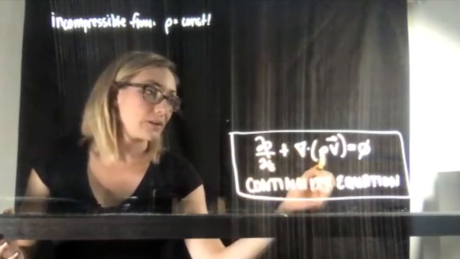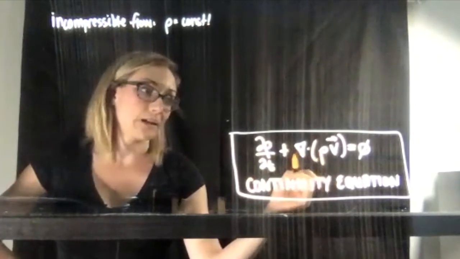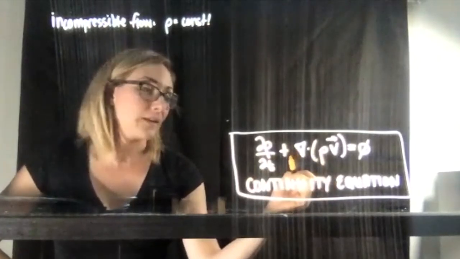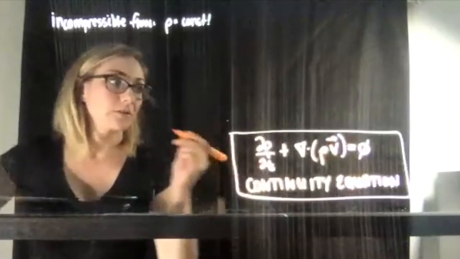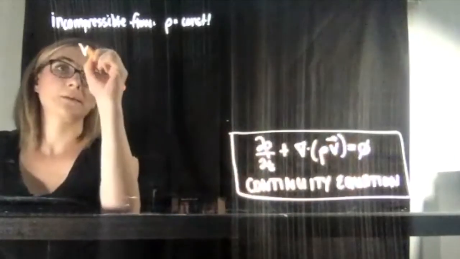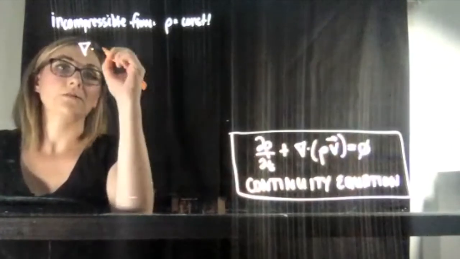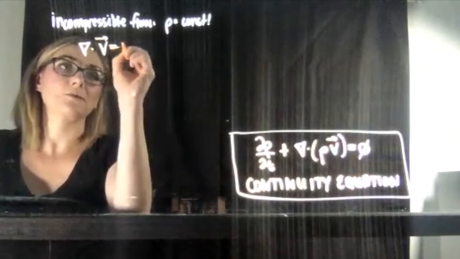And then also our density doesn't vary in space, so we're going to take this out of the gradient operator and cancel it out with the 0. So in this case, our continuity equation just becomes the gradient operator dotted with the velocity vector is equal to 0.